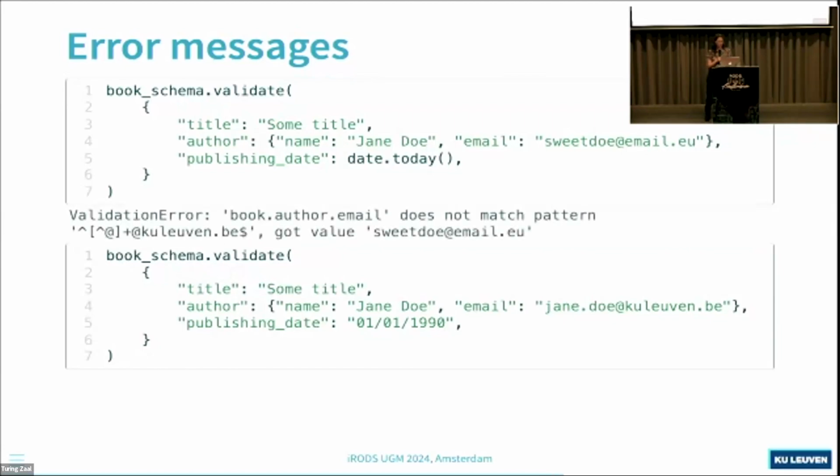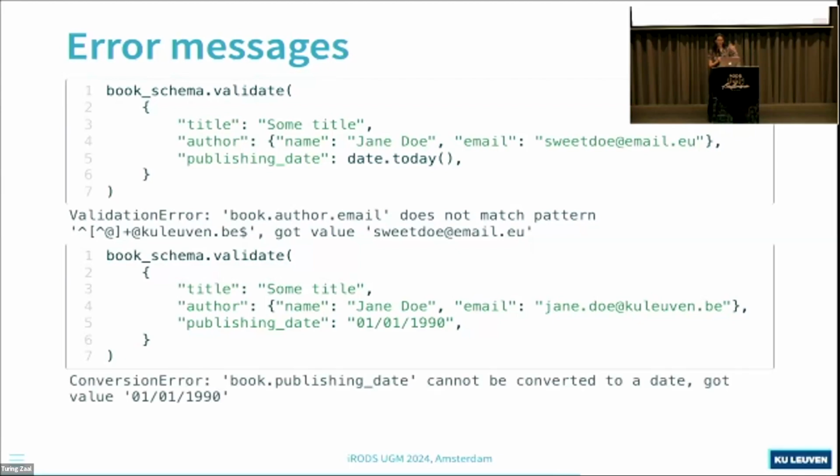So if, for example, you provide an email that doesn't match the regular expression that you need for the email, it's going to give you a validation error. We wanted a Leuven address and you gave another address that doesn't match, so you cannot submit any of this metadata. Say that you give a date in a format that is not accepted by the package currently.